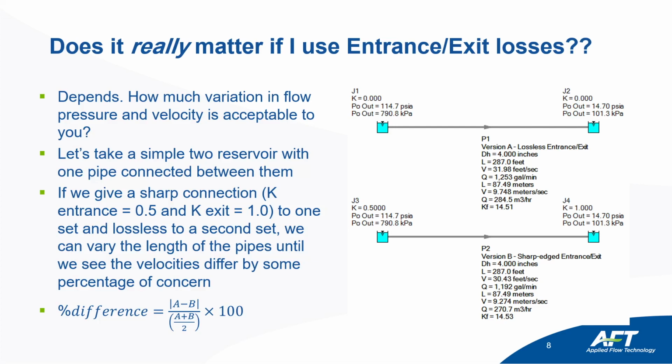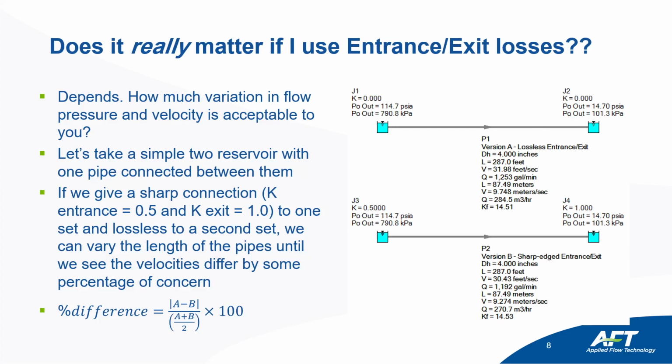In this thought experiment, we're going to take a simple model of 2 reservoirs and 1 pipe. This is the simplest Fathom model you can make. We're going to introduce a sharp connection, K equals 0.5 for the entrance, K equals 1 for the exit, to one set, and then we're going to attribute losses of 0 and 0 to the second set.